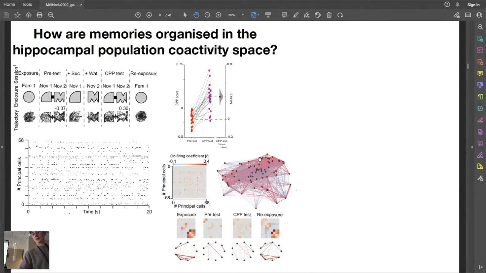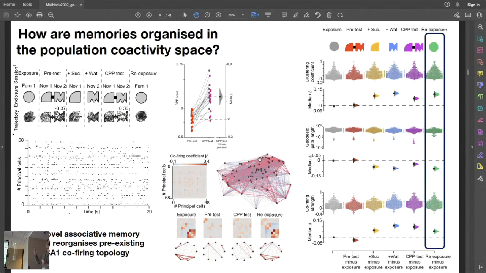And so what we see is that during the task, basically all these measures increase because there is heightened firing. So the cells do couple more as more information is being processed by the network.